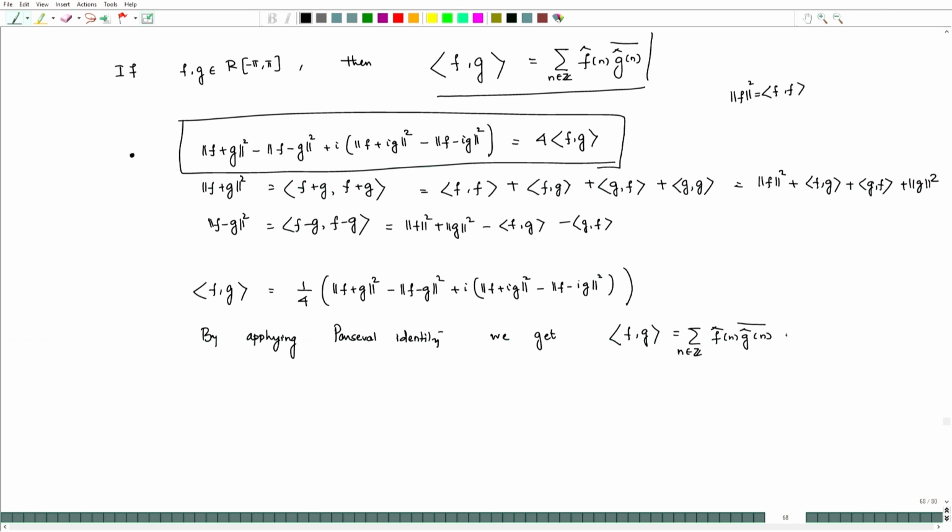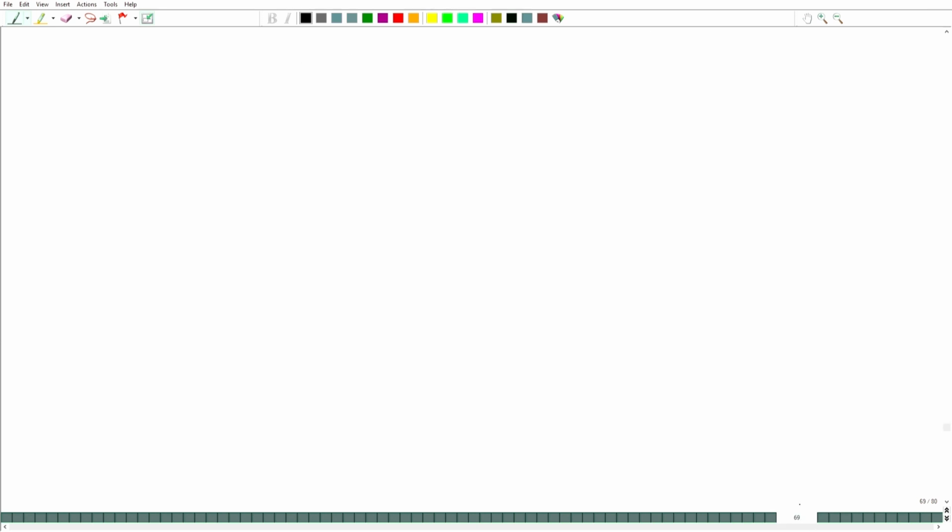Sometimes this formula is very useful, and let us see one application of this formula in the Wirtinger inequality.